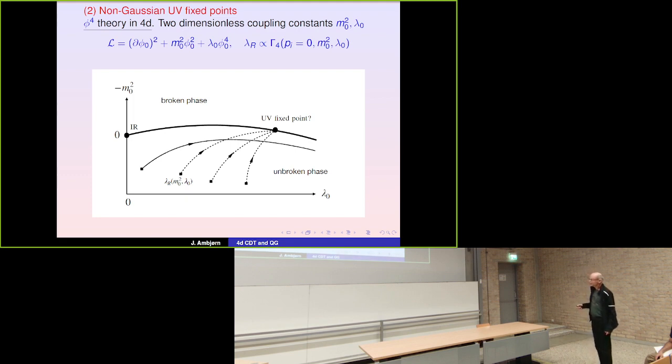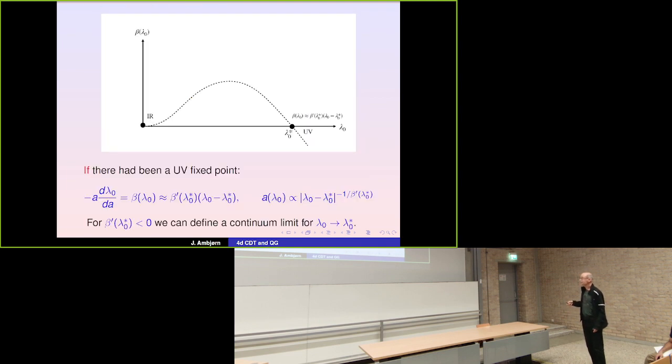The correlation length along this line goes to infinity when we reach this point, but here it never goes to infinity. So we can define a renormalized coupling constant, but we cannot take the lattice spacing to 0. So the ultraviolet limit doesn't exist, even if there's an effective theory with a renormalized coupling constant.